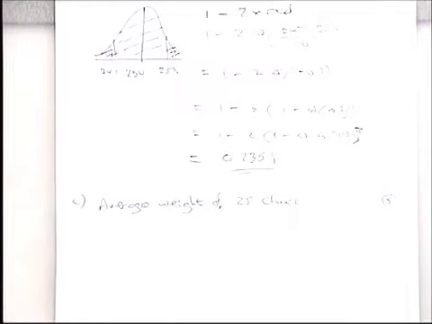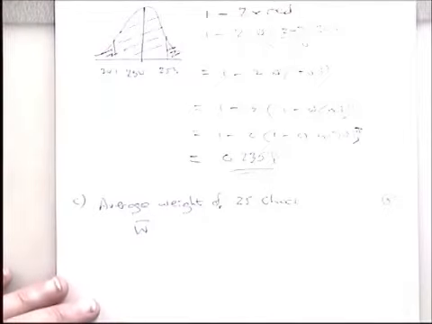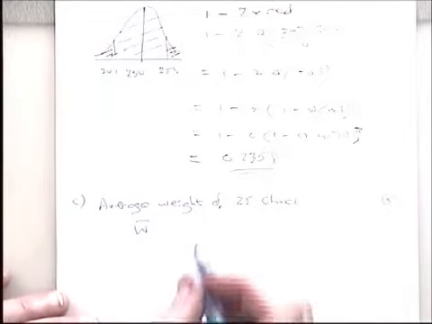Am I dealing with W? Am I dealing with B? It's the average weight. Maybe I should have expressed it more carefully at the beginning. It's the average weight of each chocolate that is going to make up the box of 25 chocolates. So it will be W bar, the average weight of each individual chocolate.